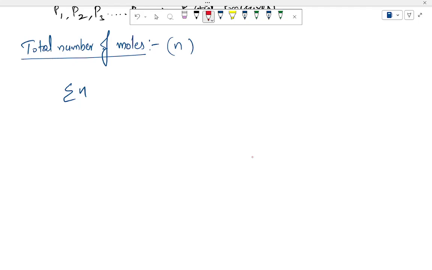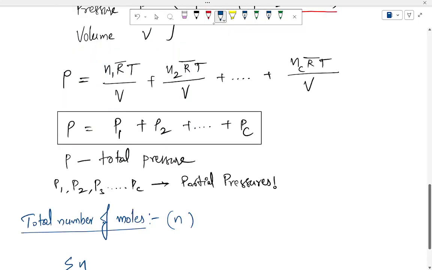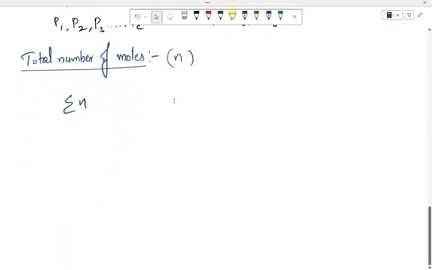Sum of all N is equal to N1 plus N2 plus so on plus Nc. That's how I will get my total number of moles. This is how you will calculate it. That's a simple thing, and we'll move on to the next concept.